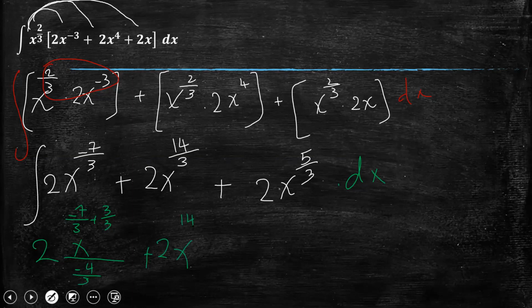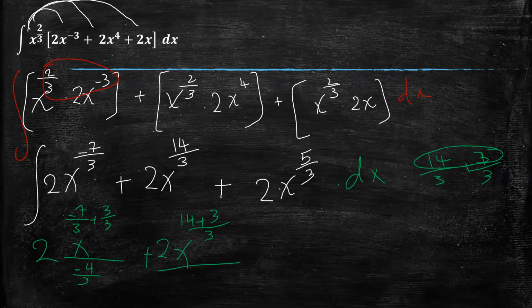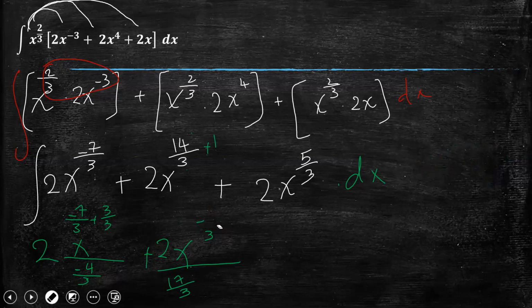14 over 3 plus 1, it is 3 over 3. Then when you add them, I put them as 14 plus 3 over 3, over 14 over 3 plus 1.